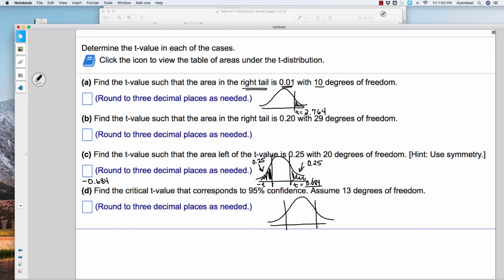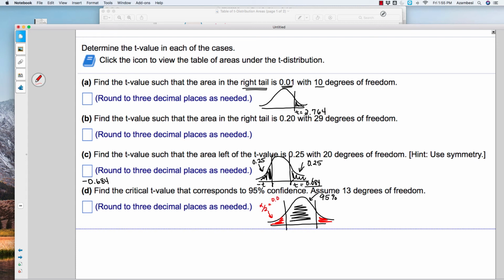confidence intervals are based on the area in the center. So that means that this part here in the center is 95%. If I'm looking for a value of t, then that means that over here and over here together are 5%, or 2.5% in each side. So we call this alpha over 2 because it's the area over 2.